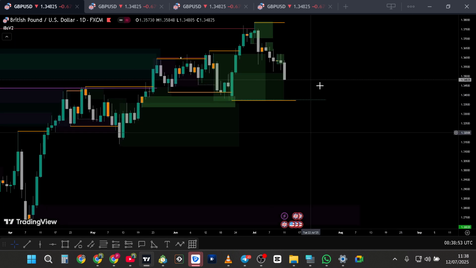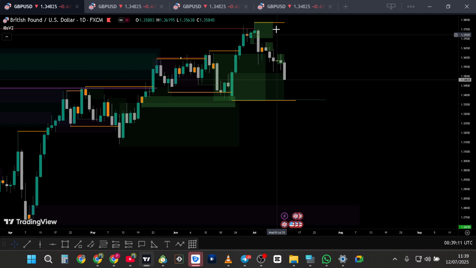So that's one thing I'll be focusing on coming in next week, but this momentum is so strong, unless next week on Monday it opens up weak to the upside, and then I see some confluences that I'll be expecting before making any decision.